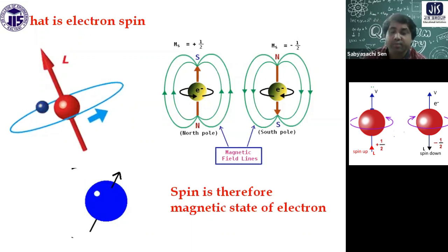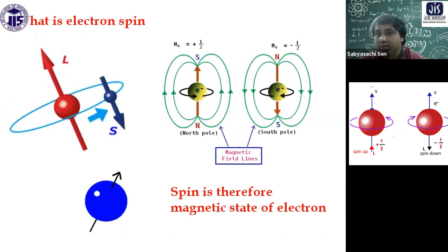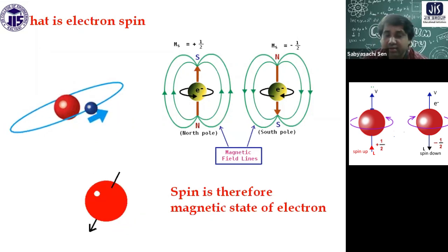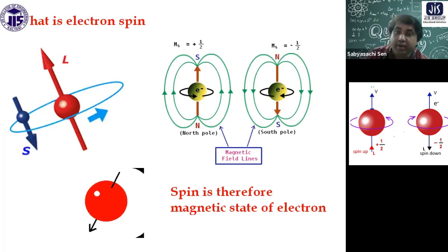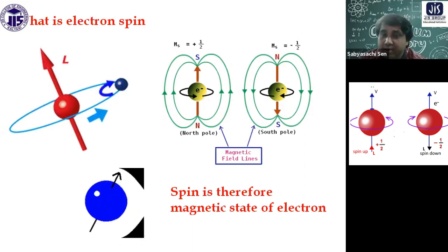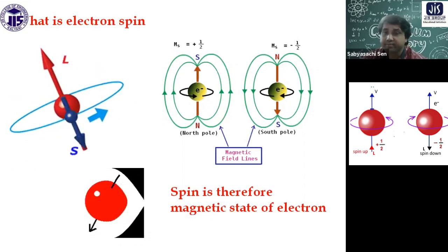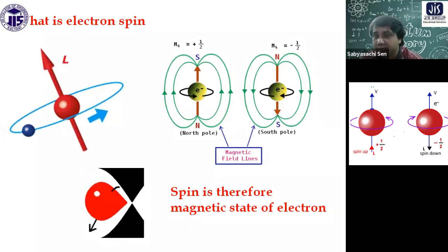So that is called the electrical property of the electron. But at the same time, by the Biot-Savart law, as you studied in magnetostatics courses, if a charge flows and a current element is there, that will create a magnetic field. So because of that orbital motion of the electron, a magnetic field will be created.